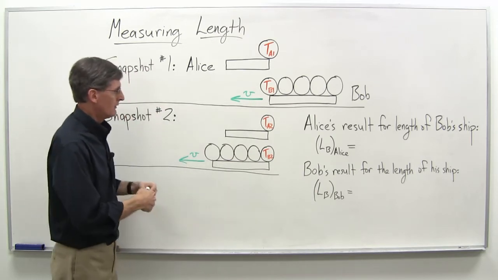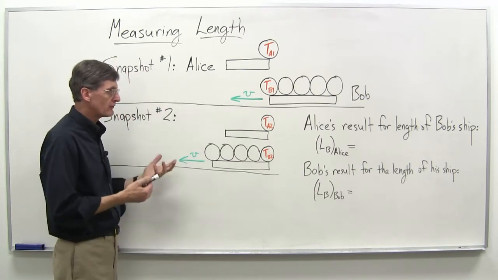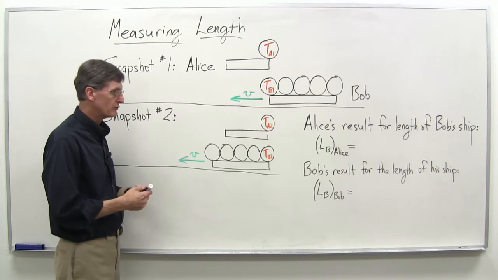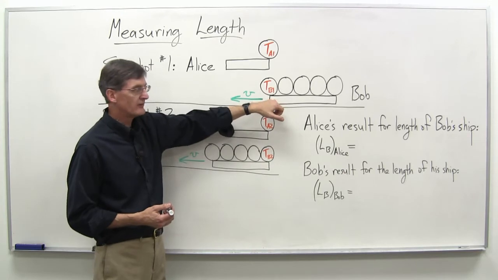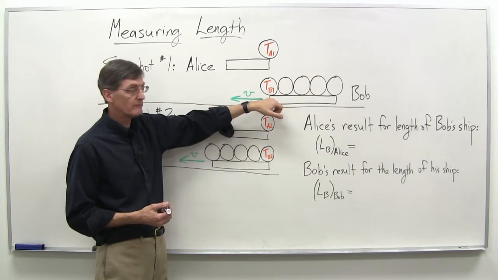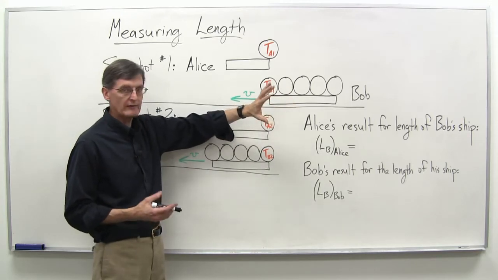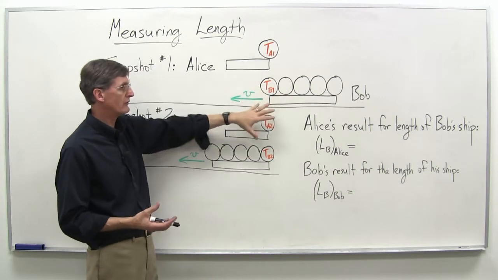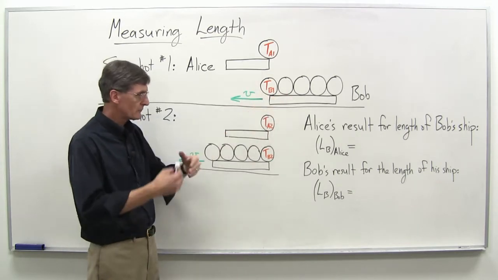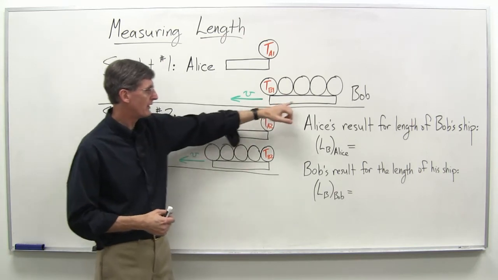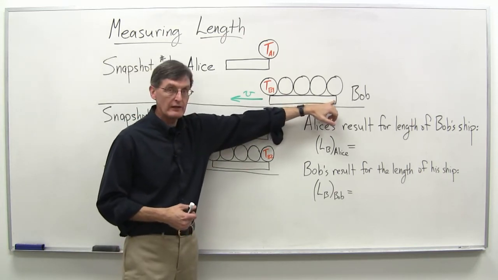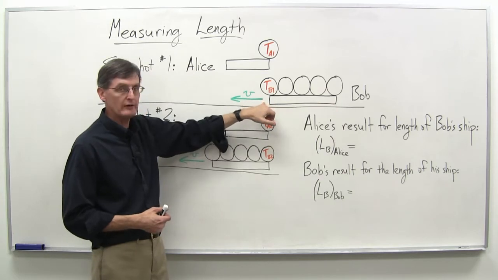So how then does Alice get the result for the length of Bob's ship? Well, we know Bob is traveling at a constant velocity v. That's what Alice sees him doing. He will travel a certain distance in that amount of time, represented by the end of his ship coming to this point here.